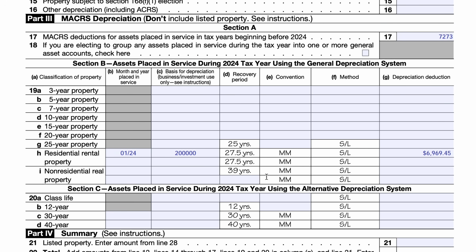There are a couple of things that you need to know about your property. In this example, let's use $200,000 as the basis for our depreciation. To arrive at the basis of your depreciation for a residential property, you first have to take the value of the land out. There are a couple of ways that you can do this.